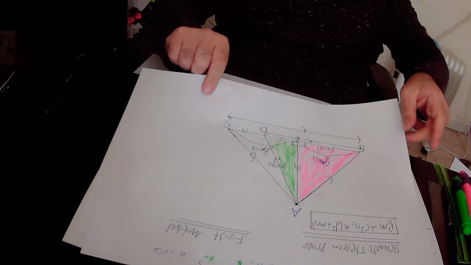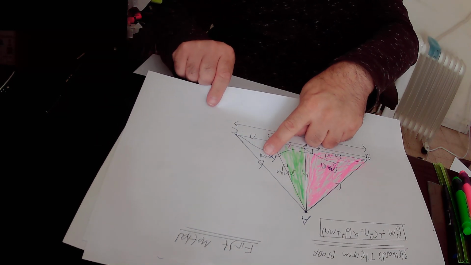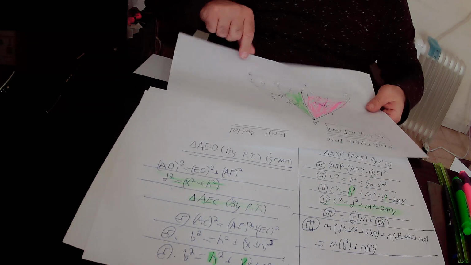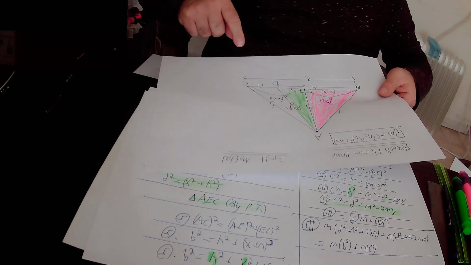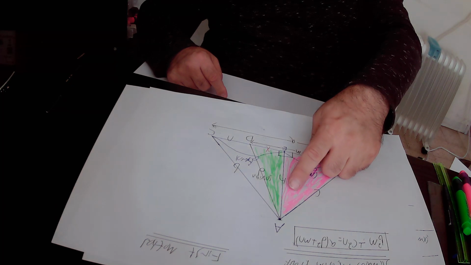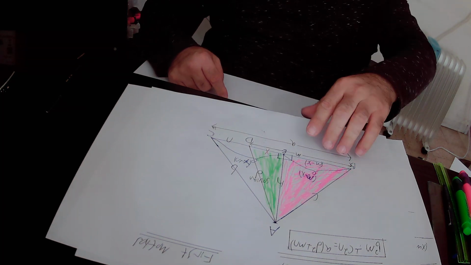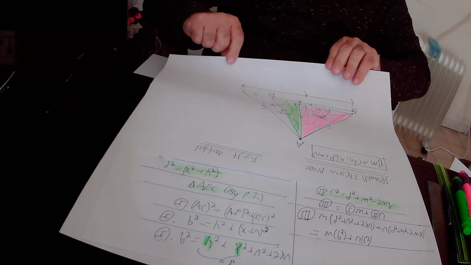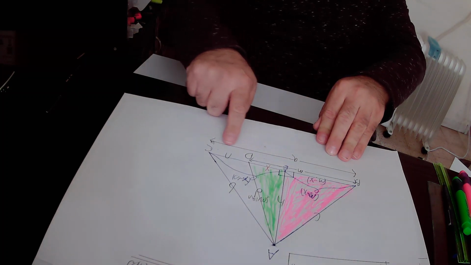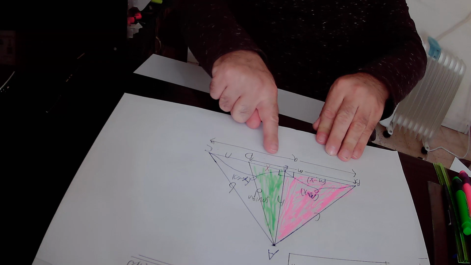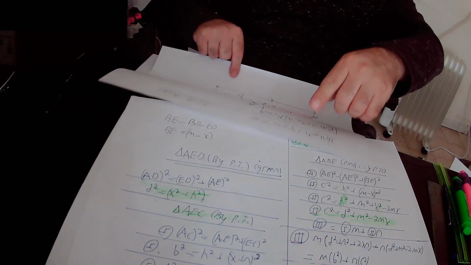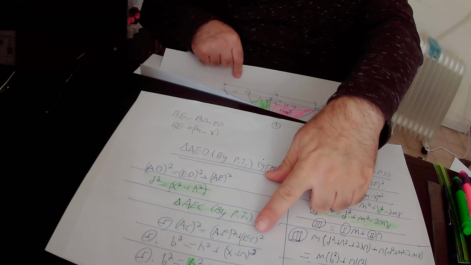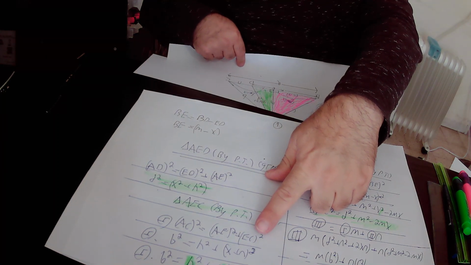AC equals B units in its length, therefore AC square is B square, and it is equal to AE square. AE is H, therefore AE square is H square, plus EC square. EC equals X plus N, therefore EC square is X plus N square. So in conclusion, we found out that B square equals H square plus X plus N square.